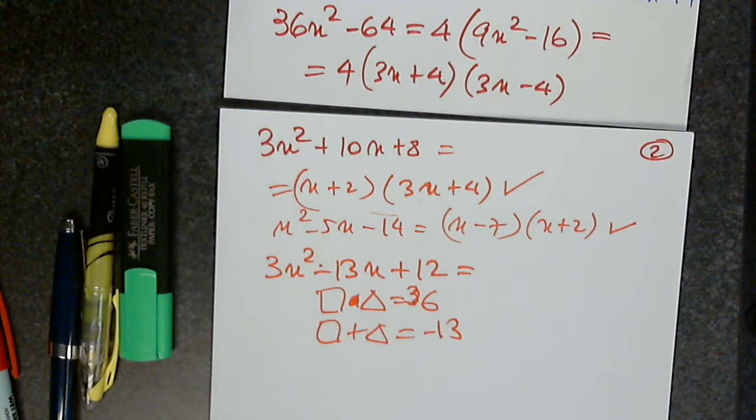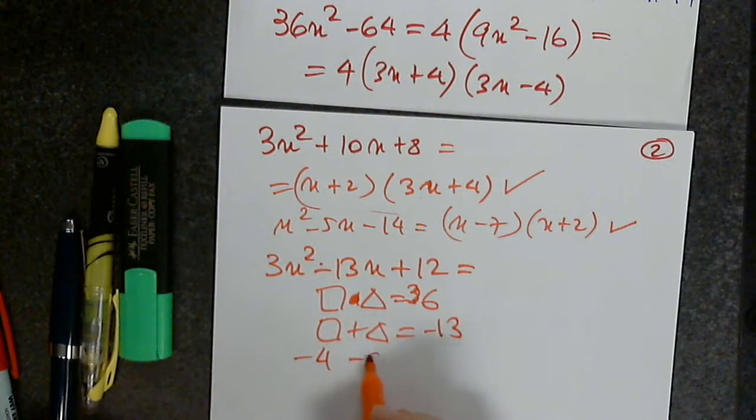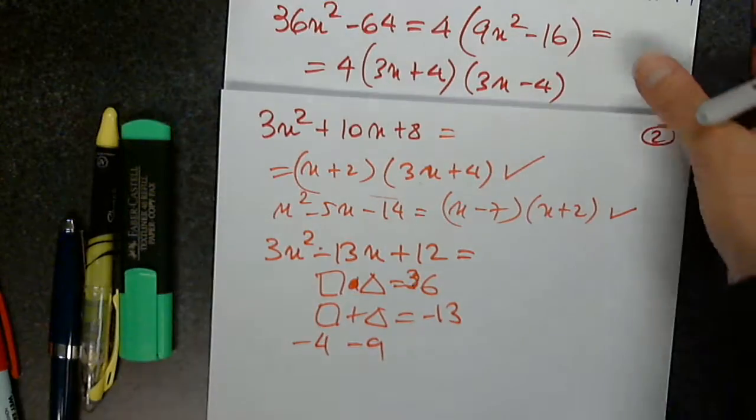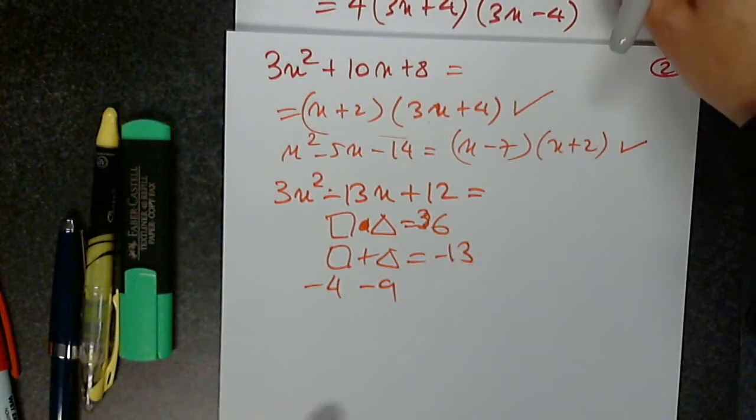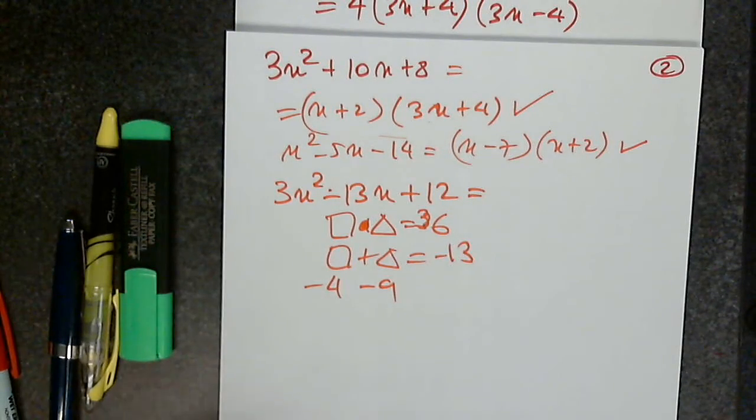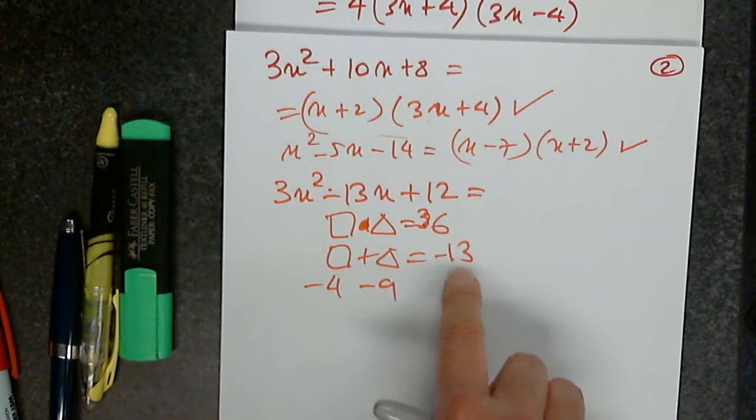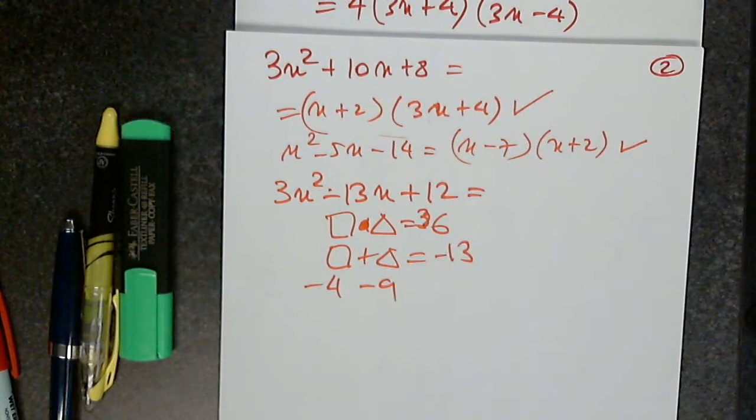Since the product is positive, both numbers have to have the same sign. Since their sum is negative, both numbers have to be negative: negative 9, negative 4. Excellent. That's how you have to think. Look at the product, it has a positive sign, so they have the same sign, and then you look at the sum; since the sum is negative, they have to be negative.